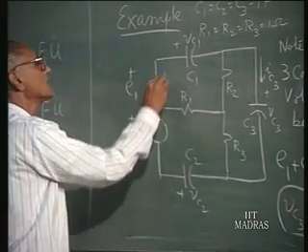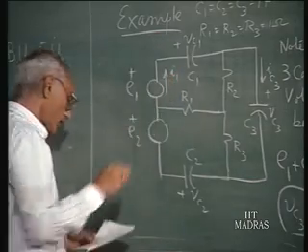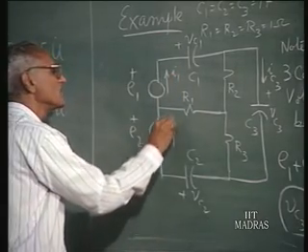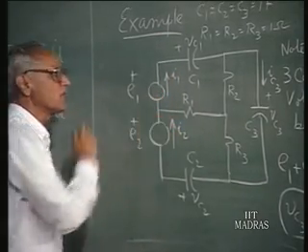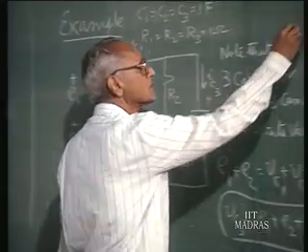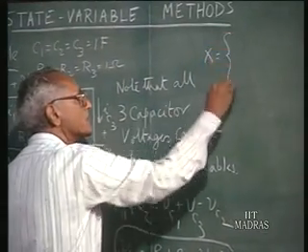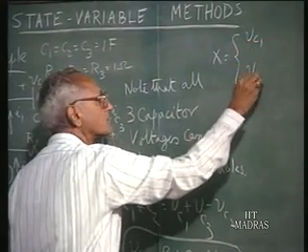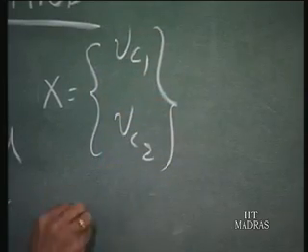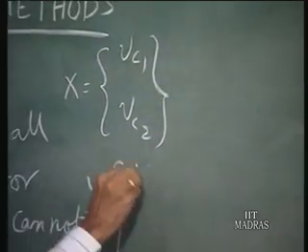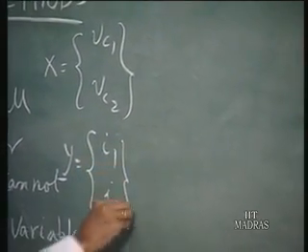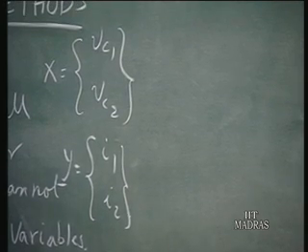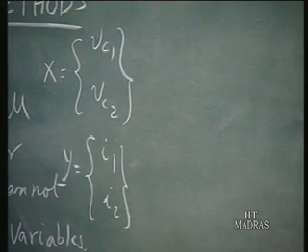Let us imagine that we are interested in the output quantities, the two currents I1 and I2. So the state vector is Vc1 and Vc2, and the output vector is I1 and I2.